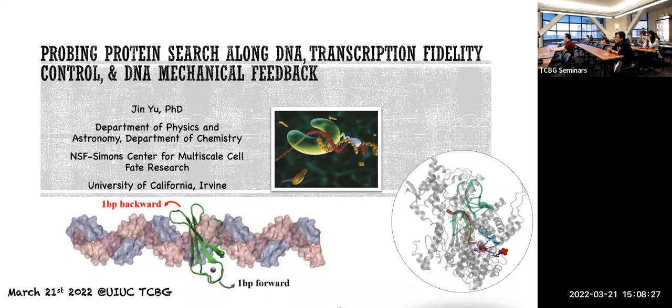She developed a nice group there already, but then fortunately we got her back in 2019, if I'm not mistaken. She got recruited to the University of California, Irvine, Department of Physics, with joint appointments in the Department of Chemistry, as well as in one of the Simons research institutes that they have on campus.